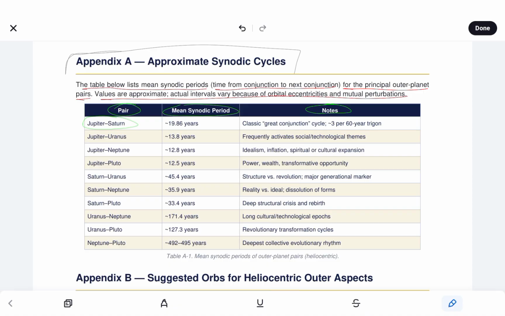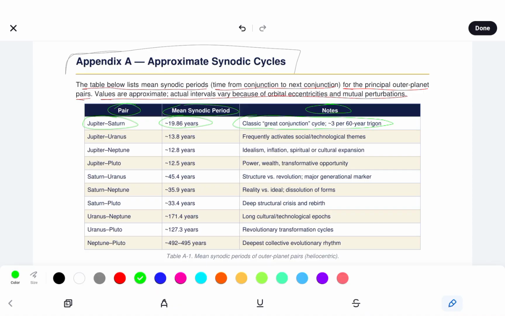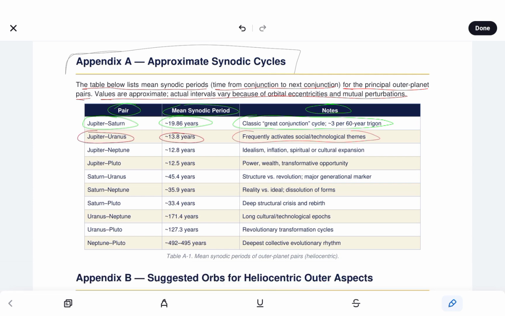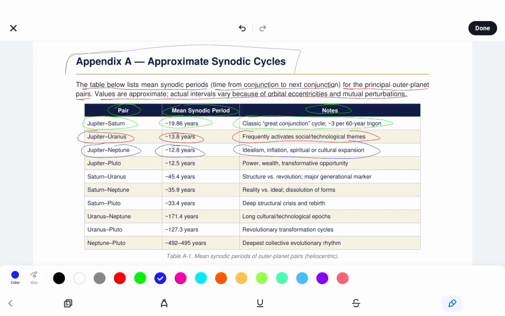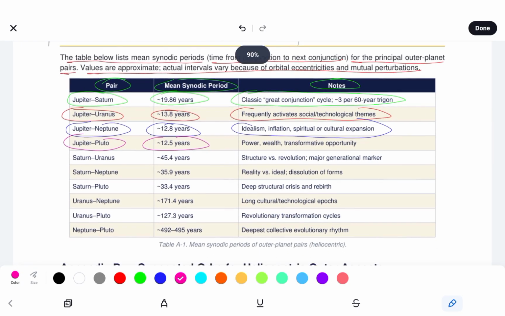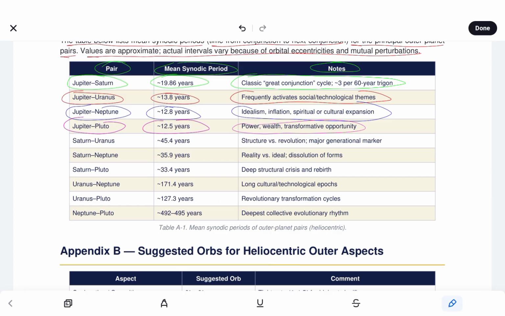Jupiter-Saturn, 19.86 years, classic great conjunction, cycles 3 per 60-year trigon. Jupiter-Uranus, 13.8 years, frequently activates social tech themes. Jupiter-Neptune at 12.8 years, idealism, inflation, spiritual or cultural expansion. Jupiter-Pluto, instead of the decimal, it's usually about 12 years. Power, wealth, transformative opportunity.